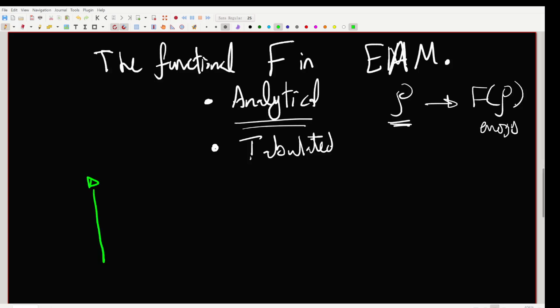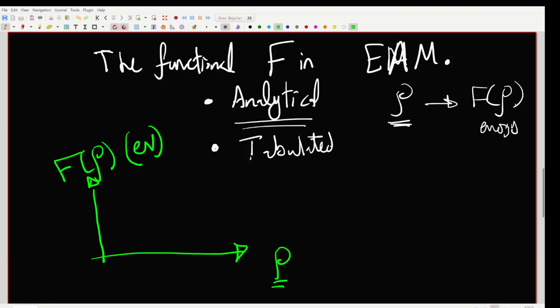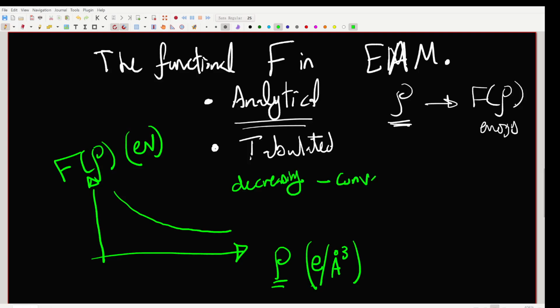Like if you try to plot F of rho, which has, of course, units of energy, electron volt, for example, versus rho, which is a density, it has units of electron per some volume, let's say angstrom cube. The requirement is that F has to be decreasing and convex. So it's a decreasing function and it's a convex function.